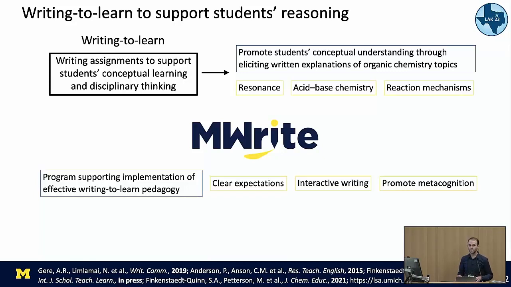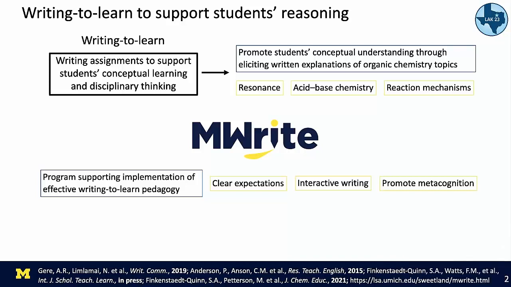This is a rather large program, which since it started in 2016 has supported over 18 faculty members across 65 courses, and by now well over 35,000 undergraduates engaging in different writing to learn assignments.